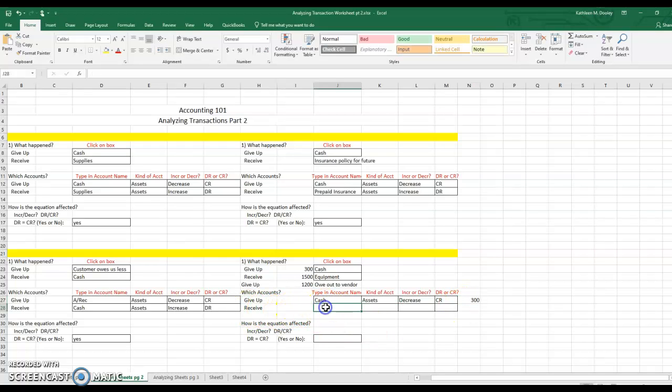For the receive, we have delivery equipment from the chart of accounts, and that is an asset. We have more motor scooter than we did 5 minutes ago, so that's an increase. An increase in an asset is a debit, and that's $1,500.